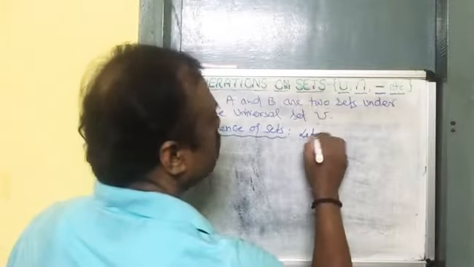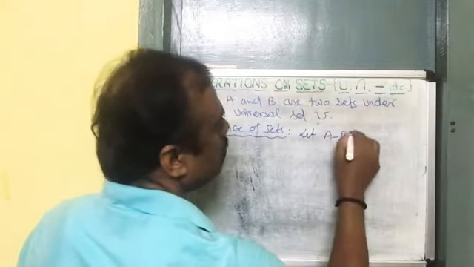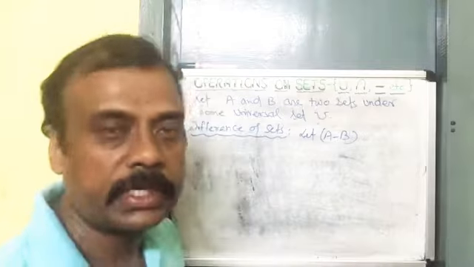Let A minus B be the difference of A and B, and B minus A the difference of B minus A. Let us try to understand the difference of two sets.